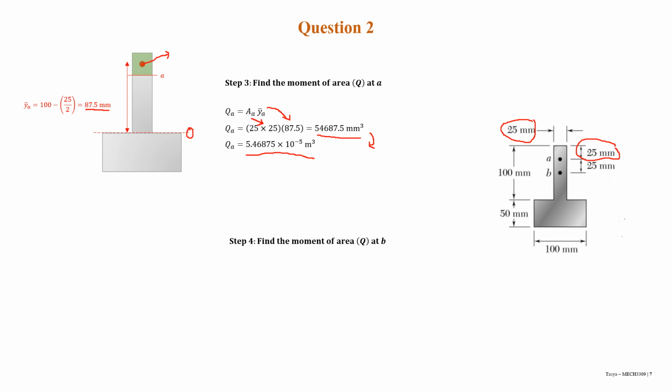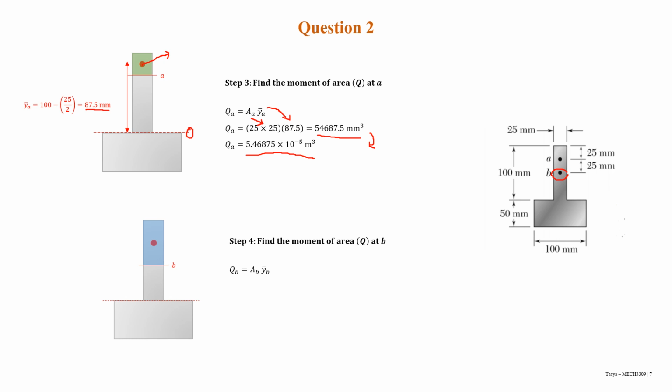Now moving on to the moment of area at B. Let me erase this first. Area B or point B is known to be here. So the area B is this one, the blue shaded one. How we're going to find the moment of area at B is the same as before, multiplying the area by the y.